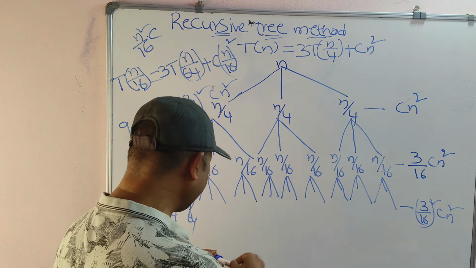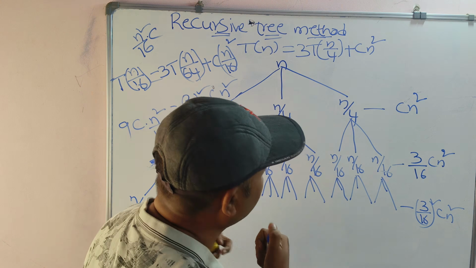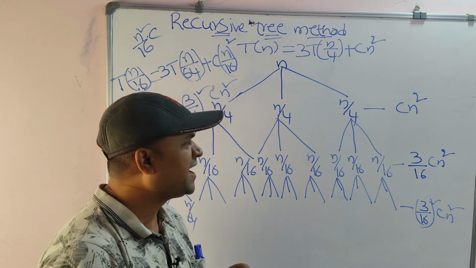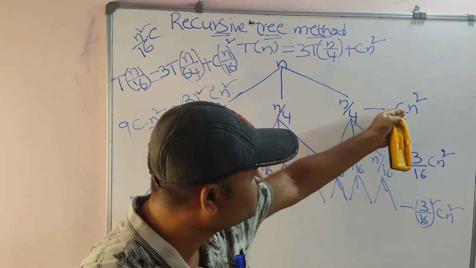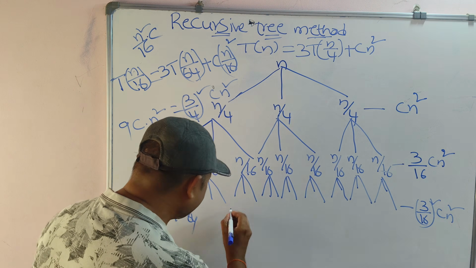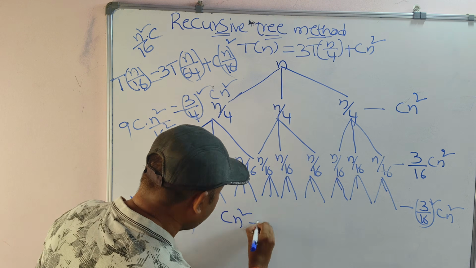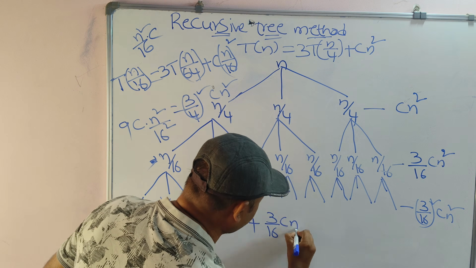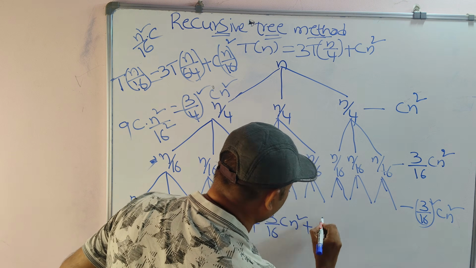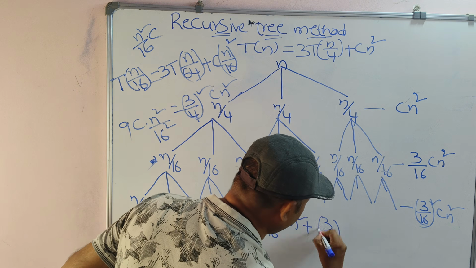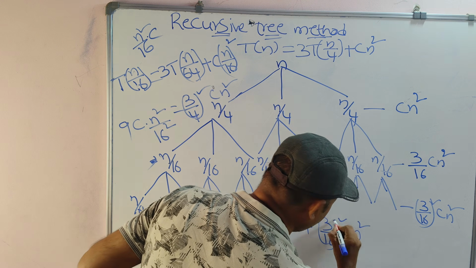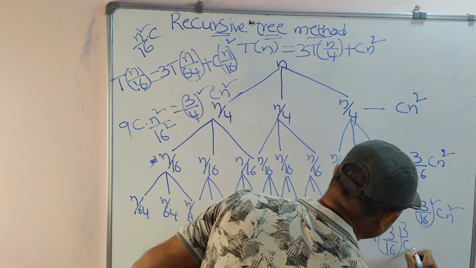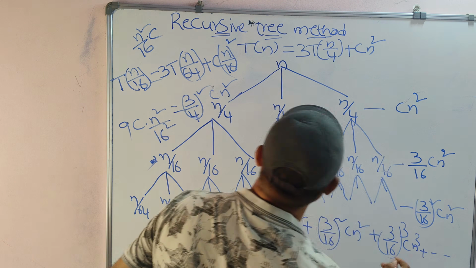Now let us calculate the time complexity or the total cost. In order to calculate the total cost, we have to add all these merging parts. So cn² plus 3/16 cn² plus (3/16)² cn², and the next part may be (3/16)³ cn², and so on.